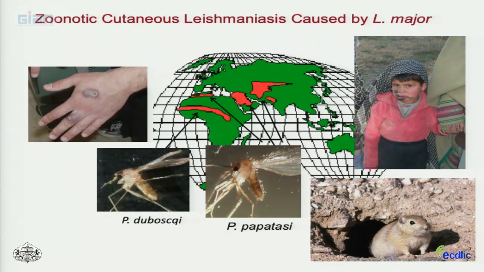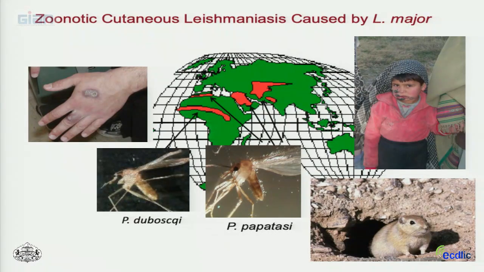The favored model of Leishmania strains to use is Leishmania major, and that's because it normally infects rodents. So the laboratory mouse is a fantastic model in which to study the nature of acquired resistance to Leishmania infection in the lab.